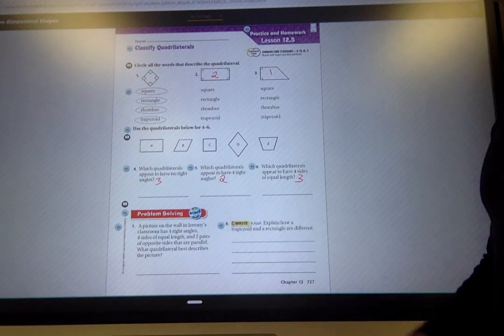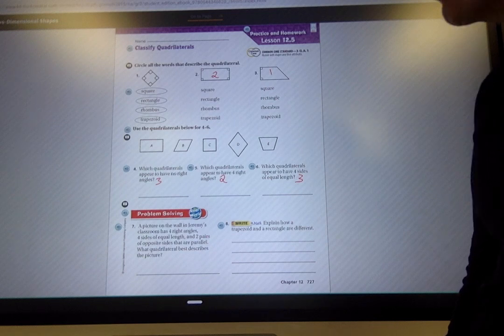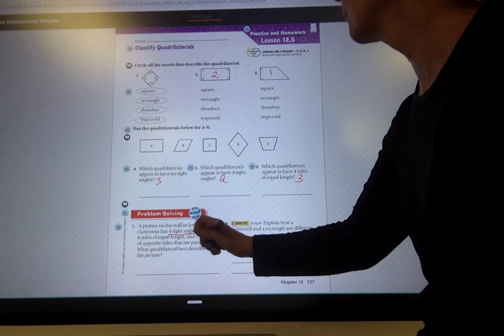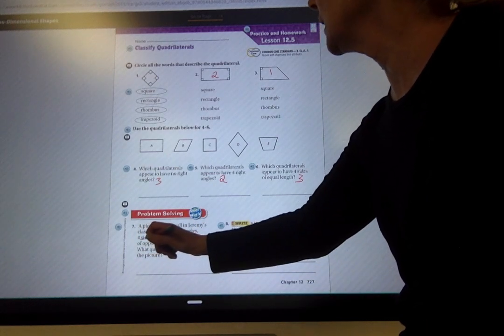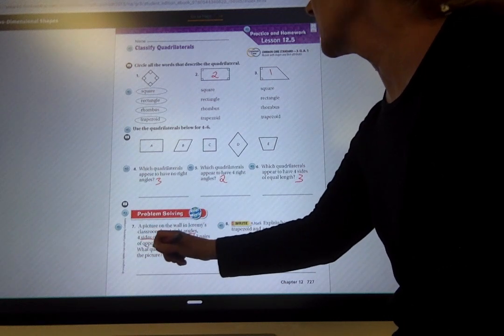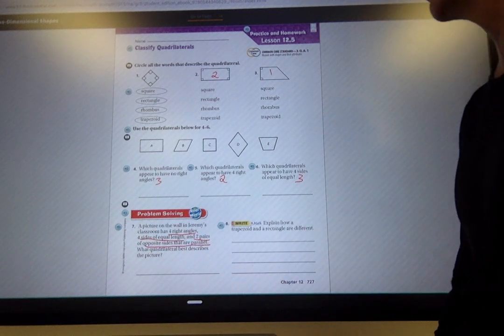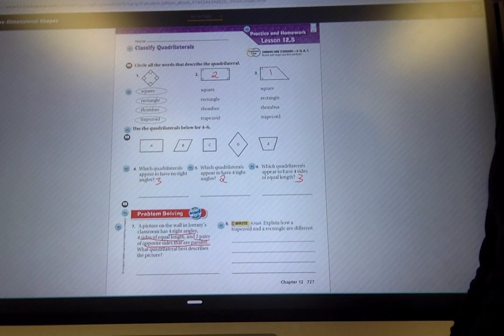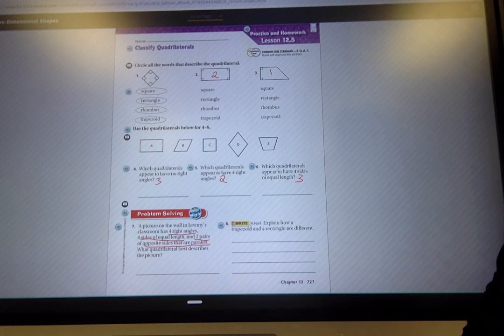Number 7, a picture on the wall in Jeremy's classroom has 4 right angles, 4 sides of equal length, and 2 pairs of opposite sides that are parallel. What quadrilateral are they describing? Is it a rectangle, a rhombus, a square, a trapezoid? Which one? Choose one of those names.